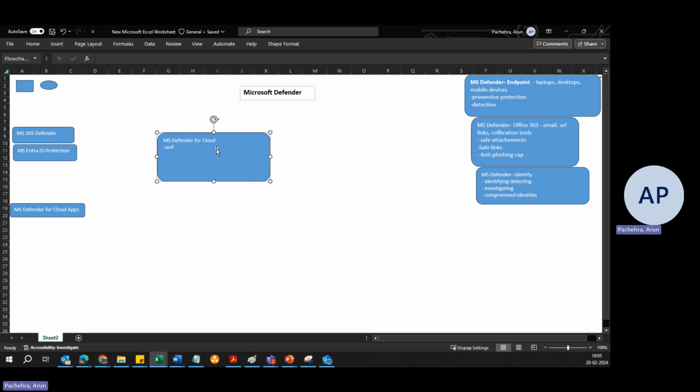So it provides unified security and advanced threat protection, ATP. Let's call it ATP. Along with that, it is also CWP and CSPM, which is cloud workload protection and cloud security posture management. All right, so that is our Microsoft Defender for Cloud.